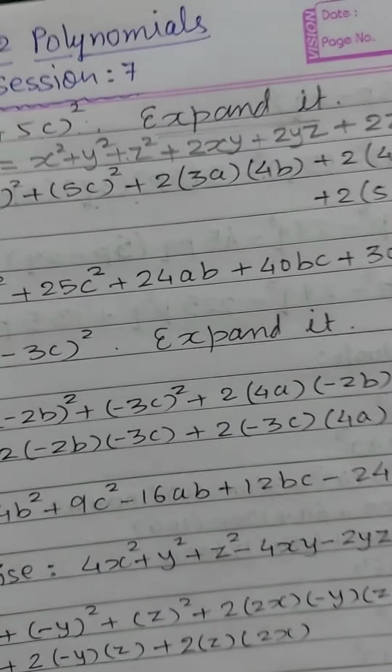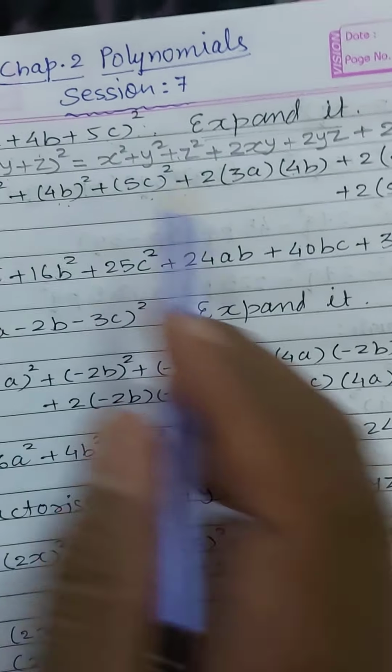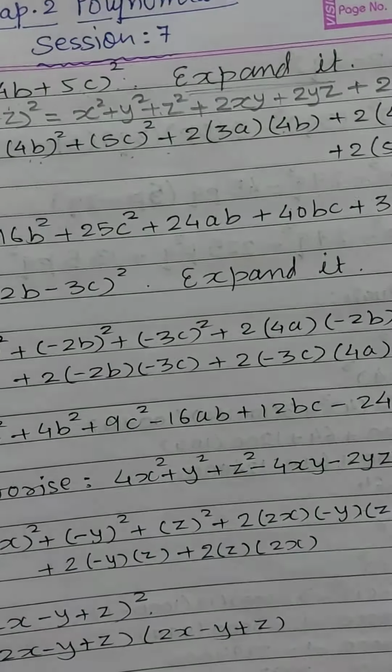So if you first write this identity, then it is also easy for you to put the steps.